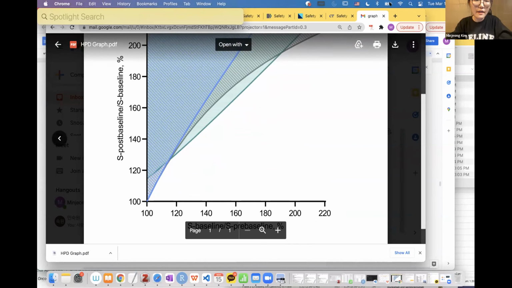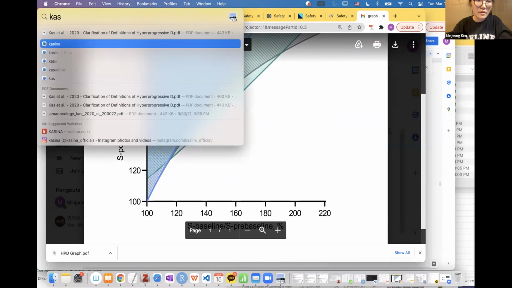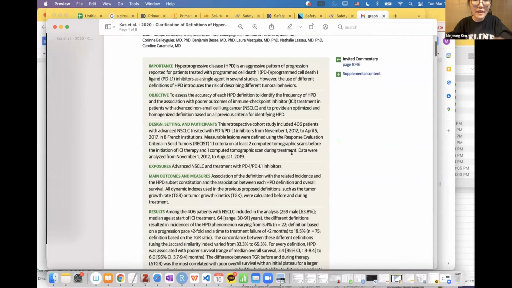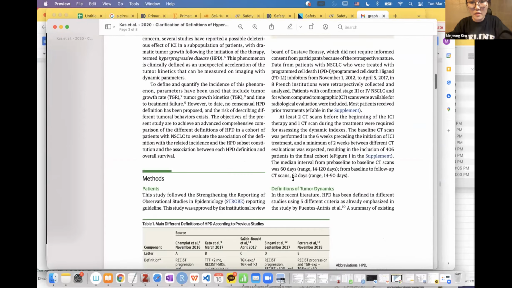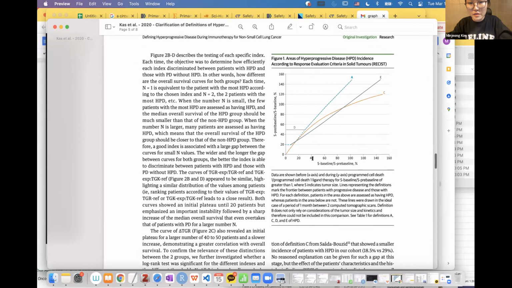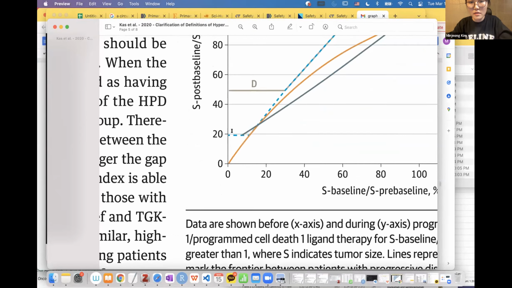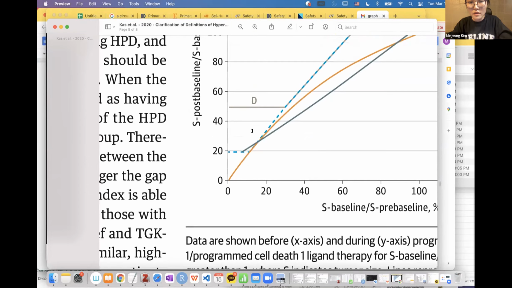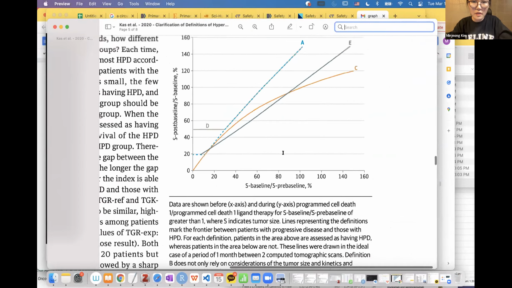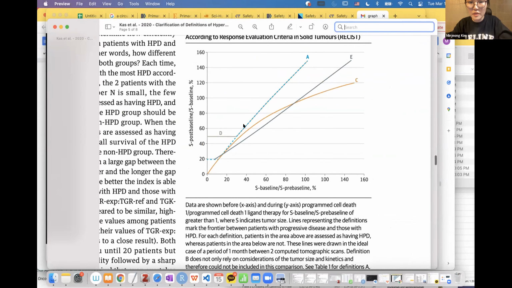But one thing that I think this group missed, or didn't discuss in their paper, there are two things to point out. One is that they used this dashed line. For example, this is the definition by Champiat et al., where they require RECIST-defined progressive disease.